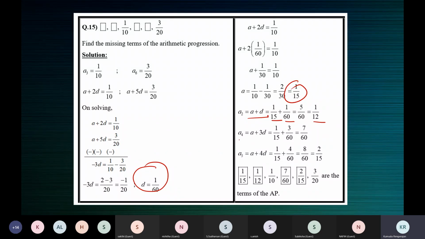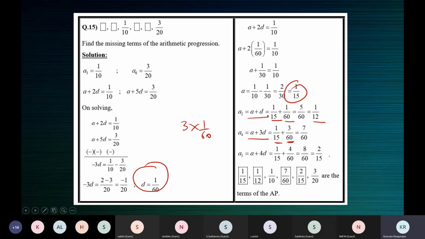Then the fourth term is missing. The fourth term is A plus 3D. This is A, this is 3 into D. What is 3 into D? 3 into 1 by 60, so 3 by 60. LCM and simplifying, 7 by 60. Similarly, A plus 4D.